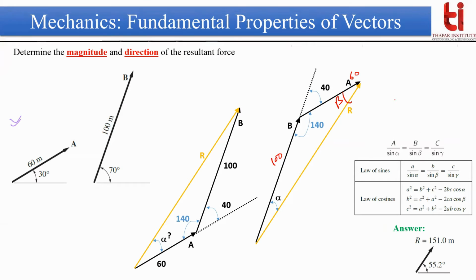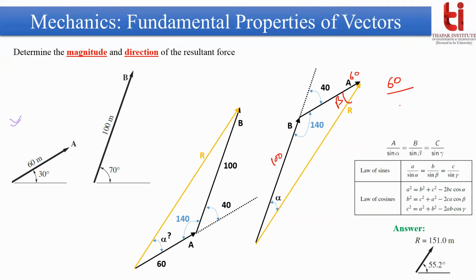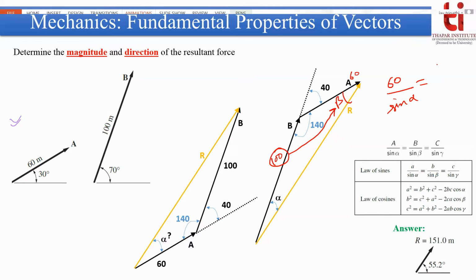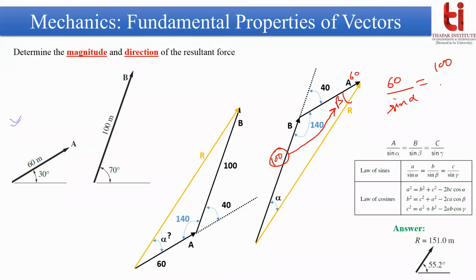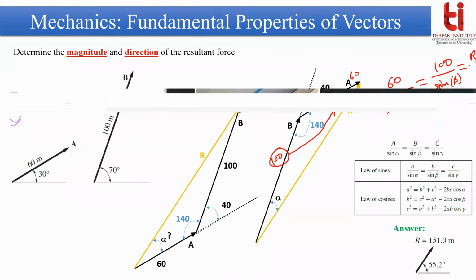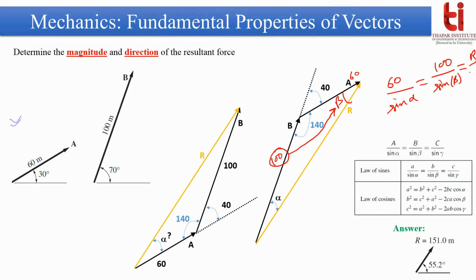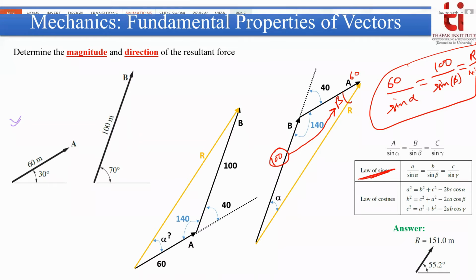So if you want to apply sine law, then you will get 60 divided by sine alpha equals this force 100 divided by sine of beta, and then again you can write r divided by sine 140. In this way you can find the equation for the law of sines. If you solve it, you will be able to find the unknown angles, and the resultant also.